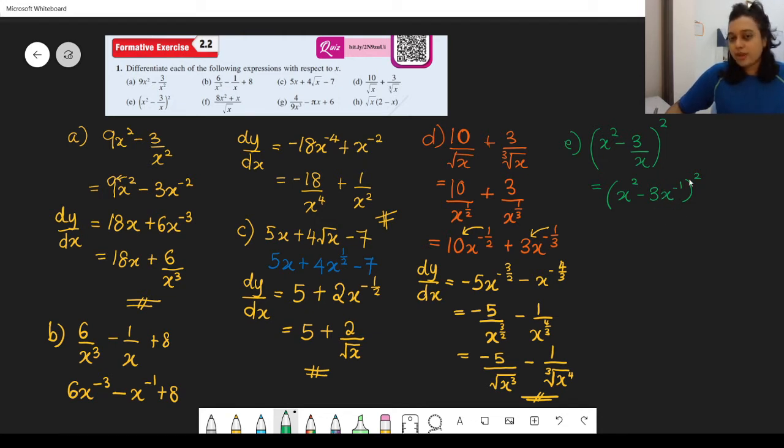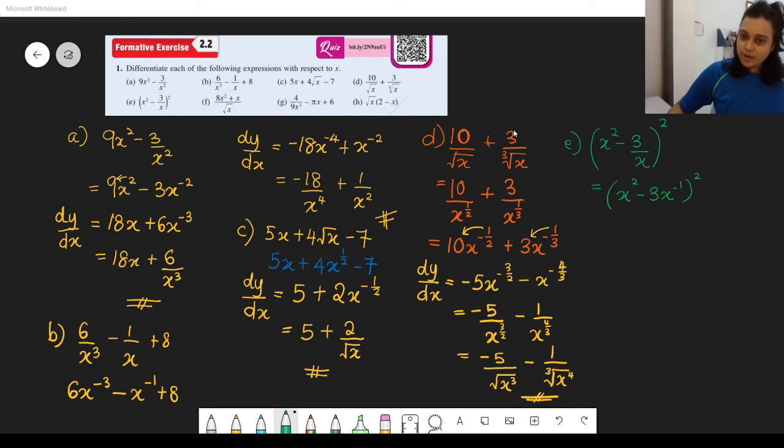So if you can remember back, when you have an equation inside a bracket and then you have power outside of it, what we must use is the chain rule. If you can remember that. If you cannot, then teacher suggests watch teacher's video, the chain rule, quotient rule, and product rule.